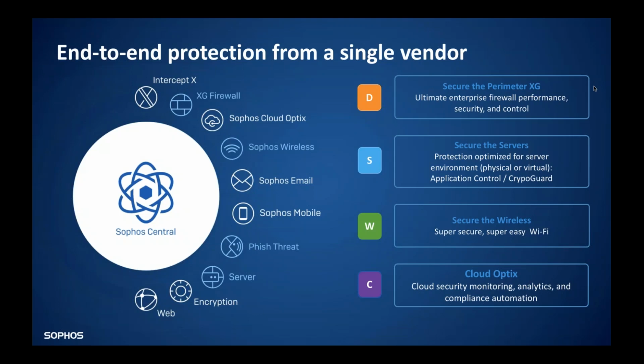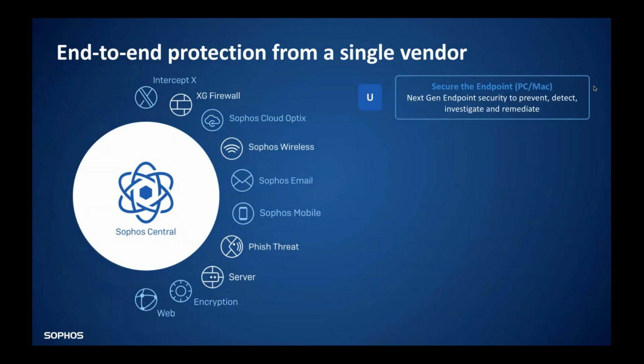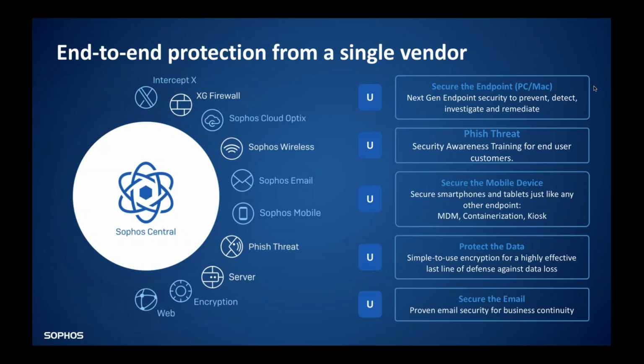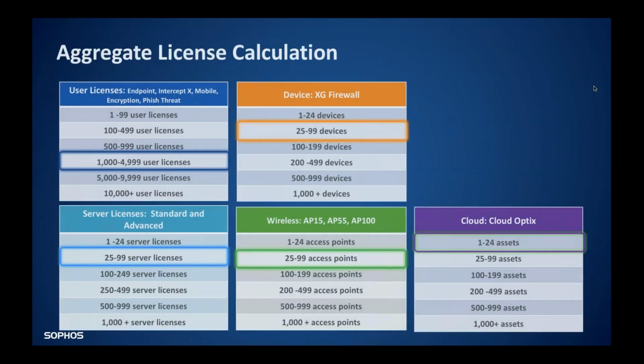And then we have the user license category as well, which includes all of the endpoint, Phish Threat, mobile, disk encryption, and email as well. So when you look at the aggregate license calculation, what we want to see is, hey, you have 1 to 24 assets across your entire customer base. You might have 3 customers that have 5 assets each.